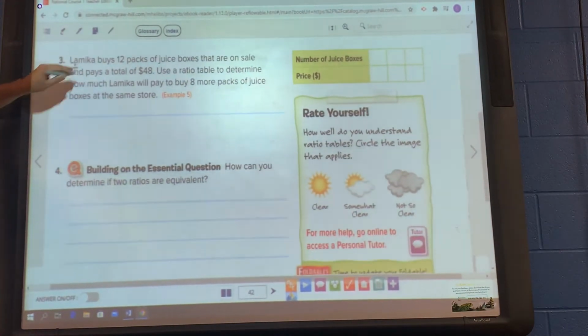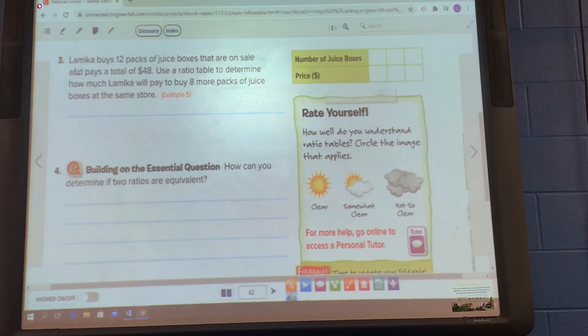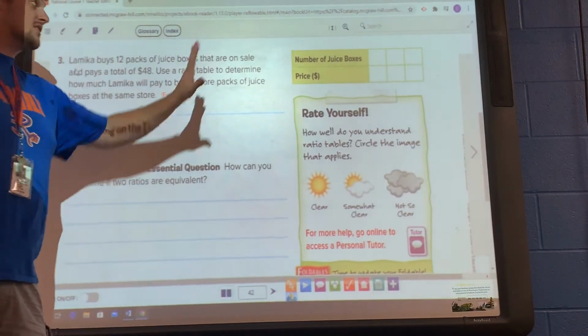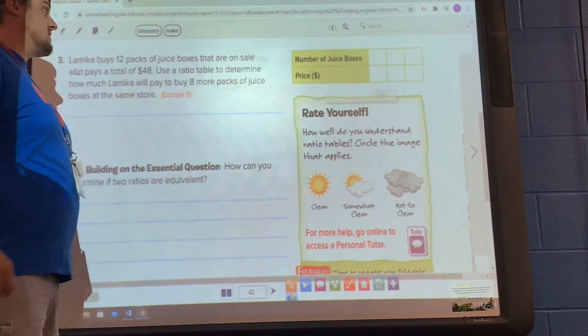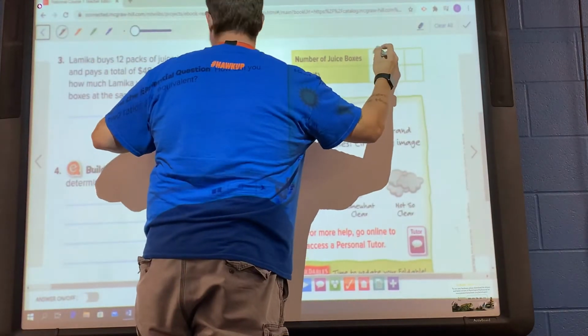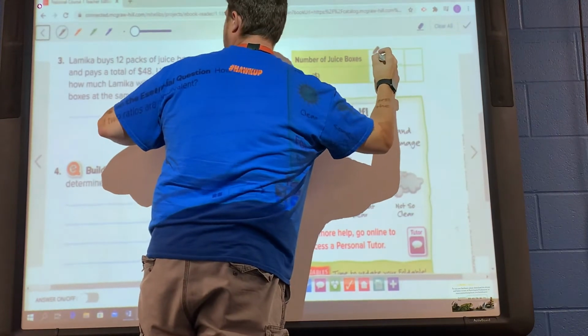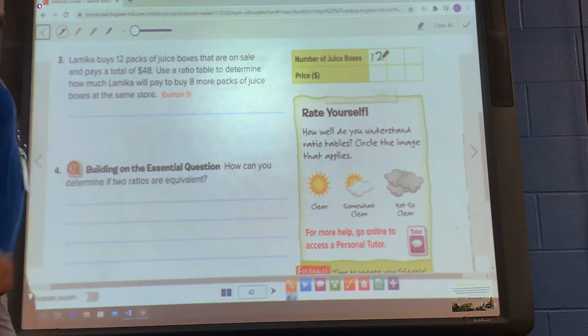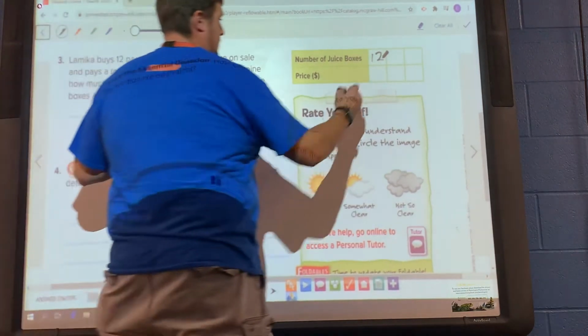Number 3 here. It says Lamika buys 12 packs of juice boxes that are on sale and pays a total of $48. So before we even do anything, let's fill in our ratio table here. We have 12 packs of juice boxes, and the price is $48.